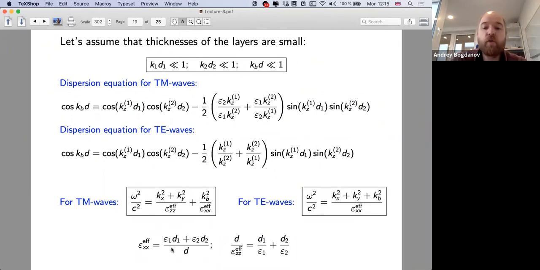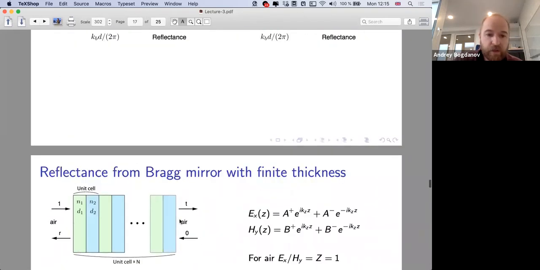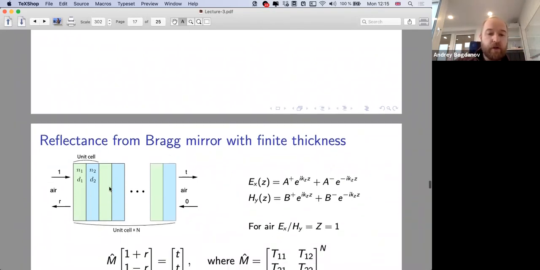This is ordinary, because if my wave propagates along z direction, electric field is directed parallel to the layers. And this means that it's like an ordinary polarization, yeah? And for p-polarized wave, my electric field has two components.